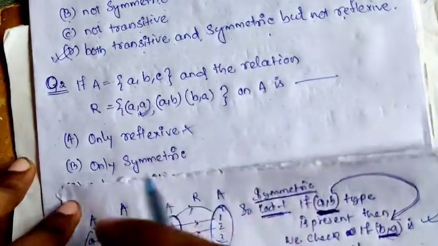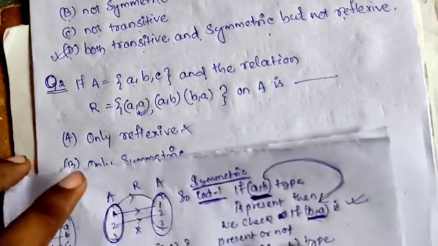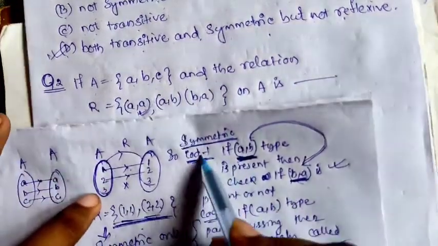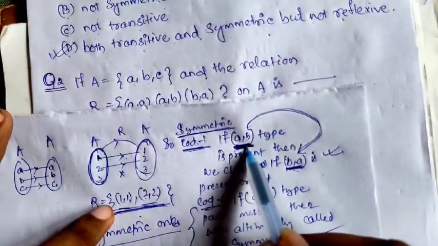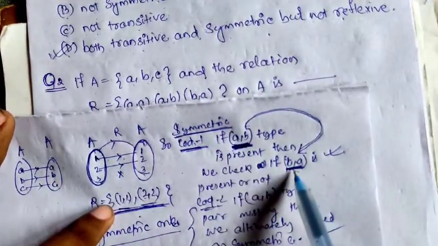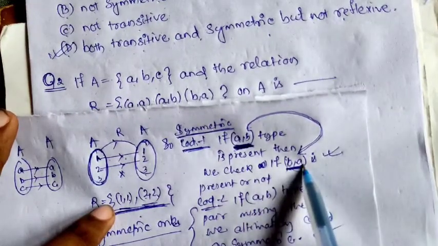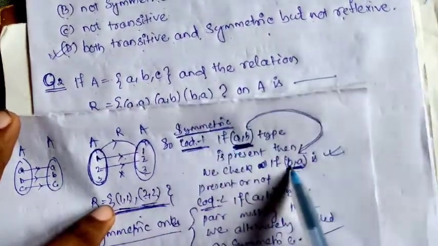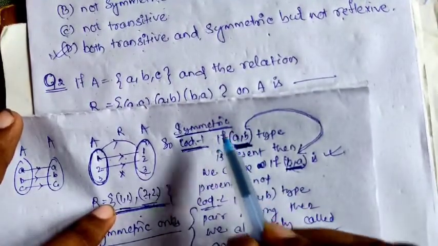Okay, for symmetric we go to condition 1 and condition 2. If AB is present, then we look whether BA is present or not. If BA is present, then we call it symmetric. If BA is absent, then we call it non-symmetric.